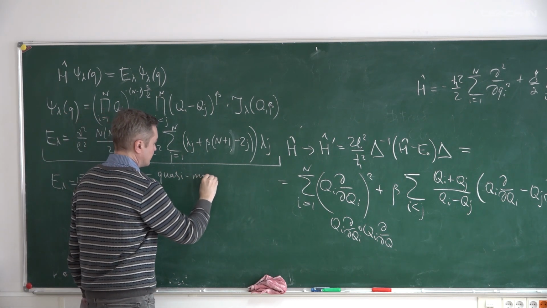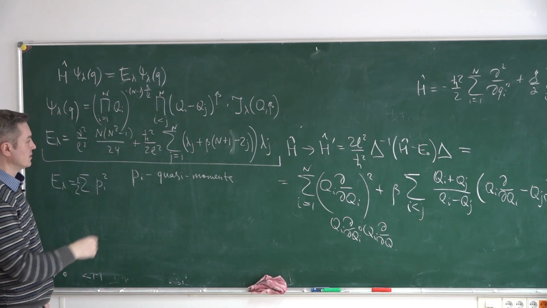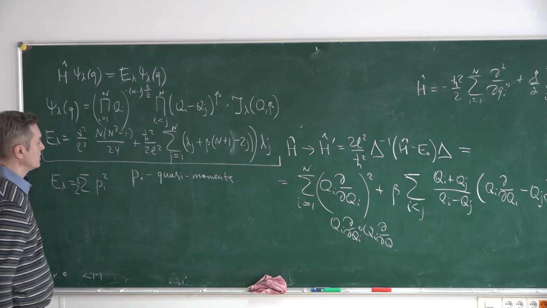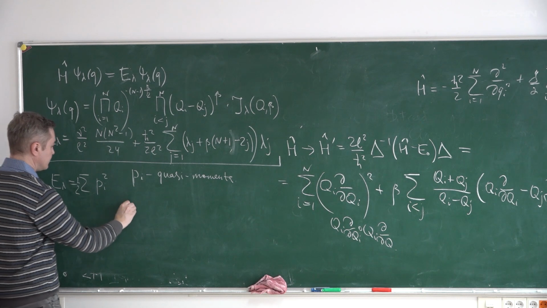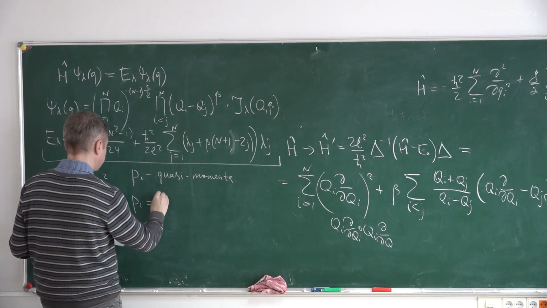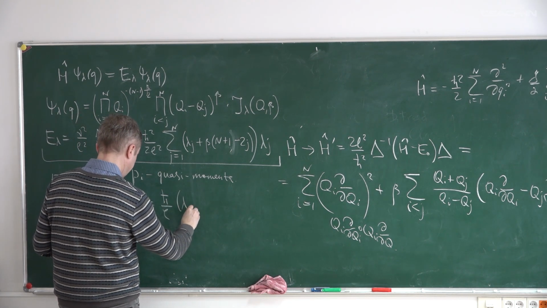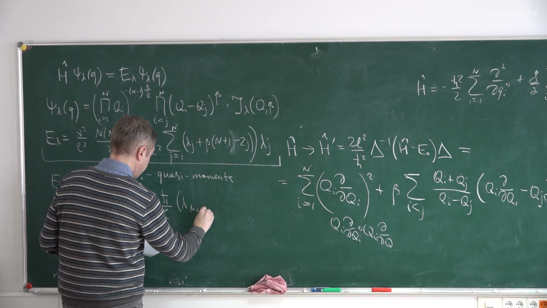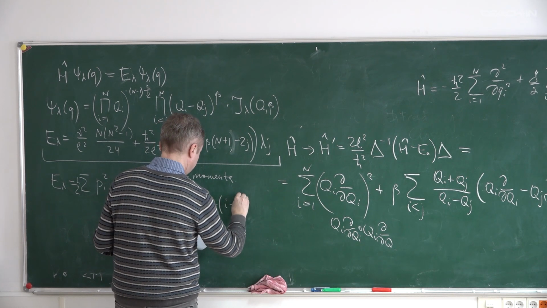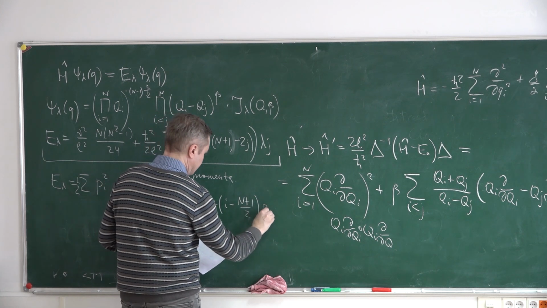It is just another form of the same result, where pi i is equal to h over L, lambda n plus 1 minus i plus (i minus (n plus 1)/2) multiplied by beta.